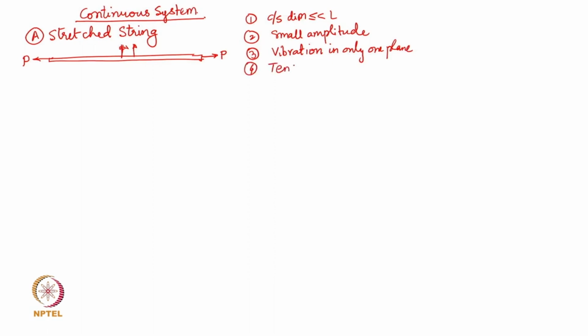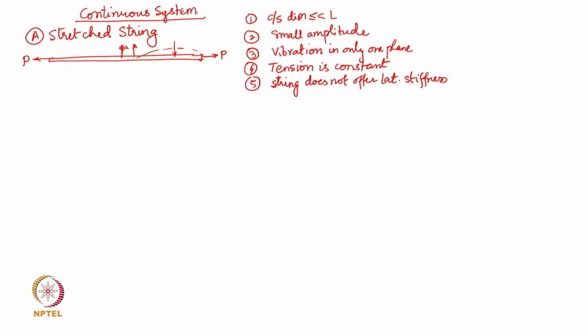The tension in the wire is constant. The fifth assumption is an important one, that the wire or the string does not offer any lateral stiffness. In the sense that if this string vibrates with this kind of motion, it is not going to create a restoring force out of lateral stiffness.